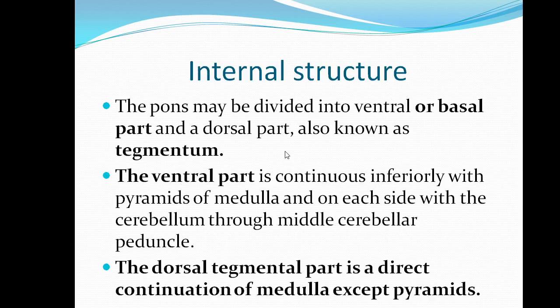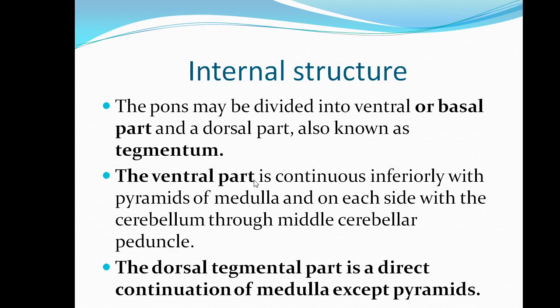Internal structure. For the purposes of description, the internal structure is studied at two levels: a superior level and an inferior level. The pons may be divided into a ventral part and a dorsal part known as the tegmentum.